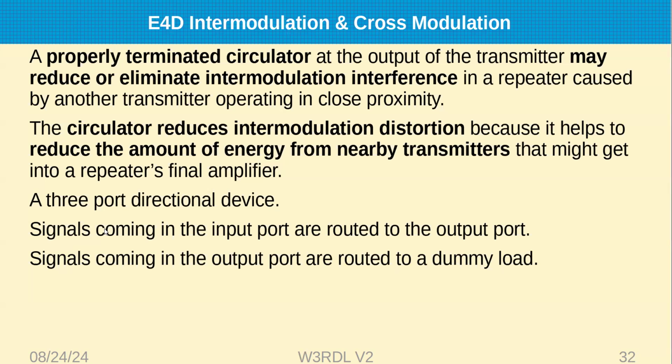A properly terminated circulator at the output of the transmitter may reduce or eliminate intermodulation interference in a repeater caused by another transmitter close by.